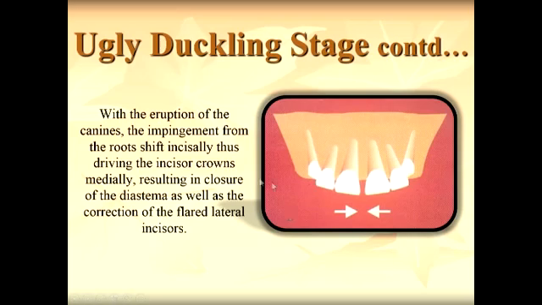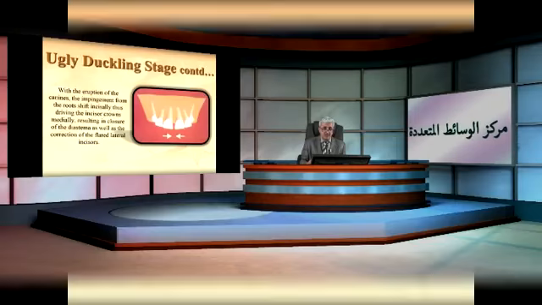With the eruption of the canine, after a few months, the impingement from the root shifts incisally and thus drives the incisor crowns medially, resulting in the closure of the diastema as well as the correction of a flared lateral incisor. This means the ugly duckling stage is an auto-correction.